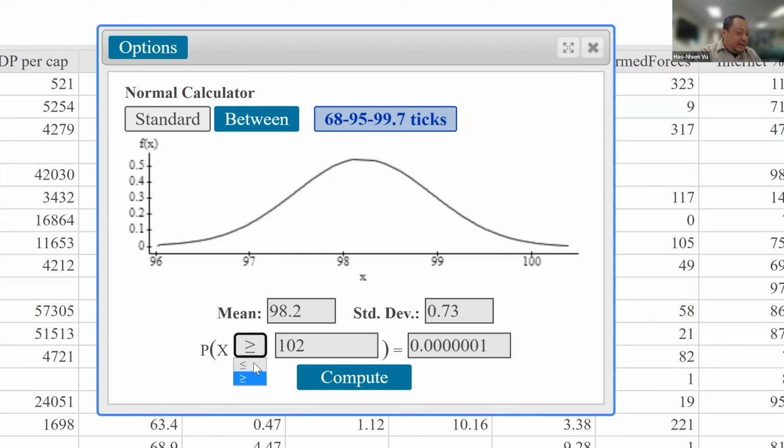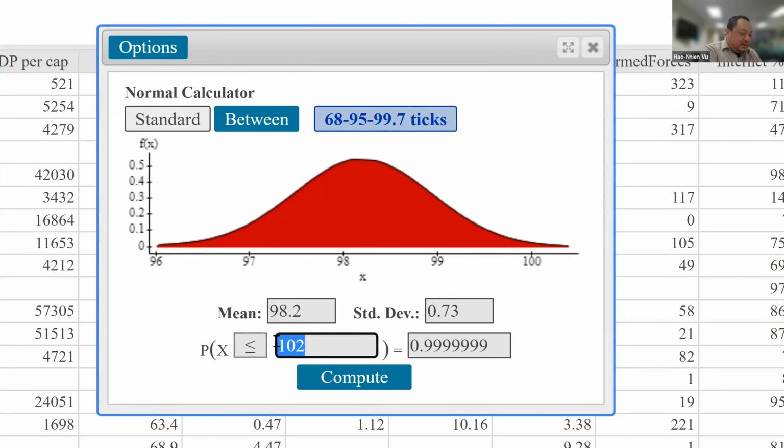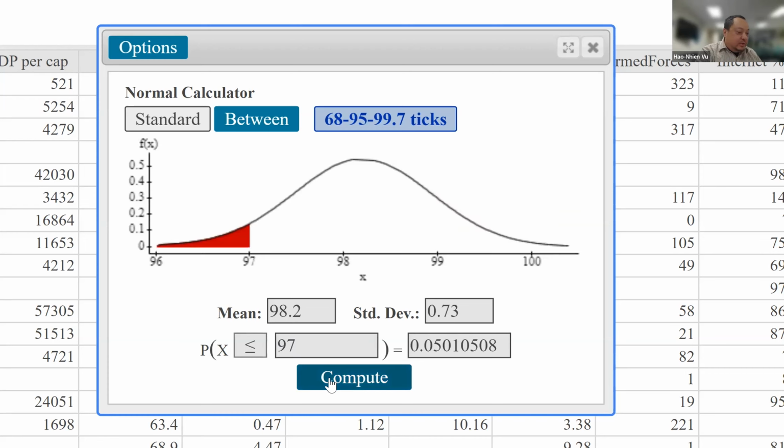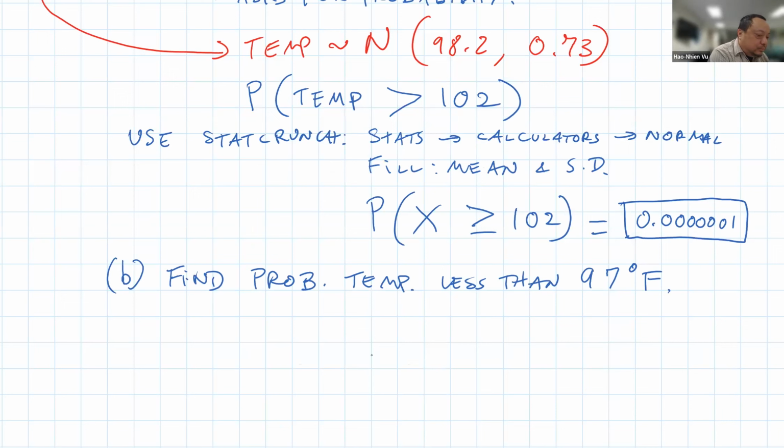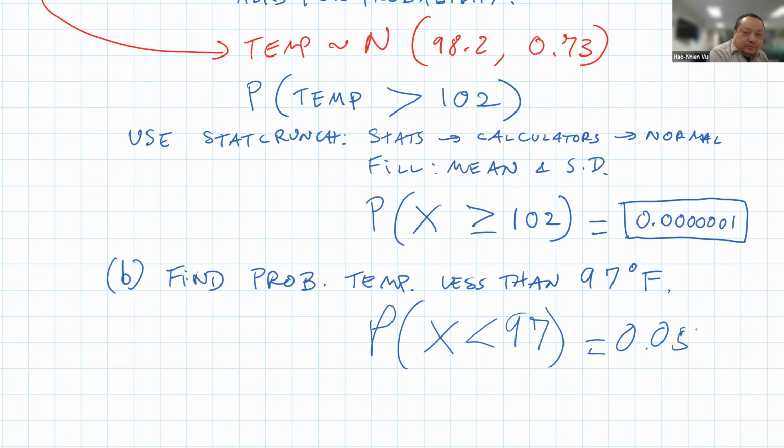But anyway, right now our question is less than 97, so it's 0.05. In this class, let's standardize doing probability at 3 decimals.